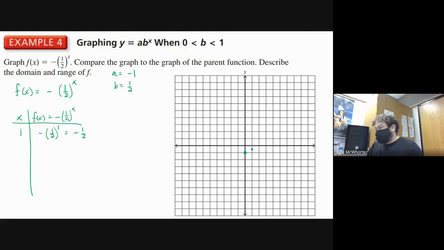And if we remember, I'll just, in purple really quick, graph the parent function. It was like this: 2, 4, 8. Okay, so that's our parent function.